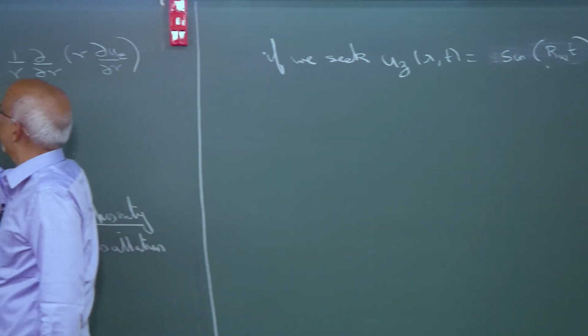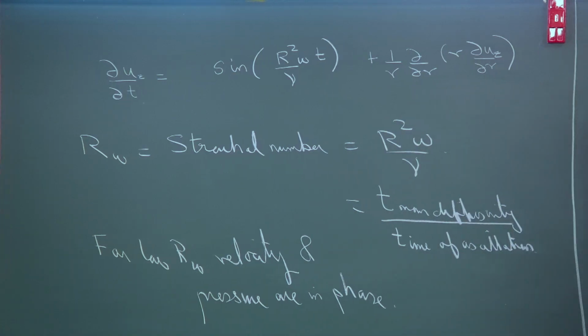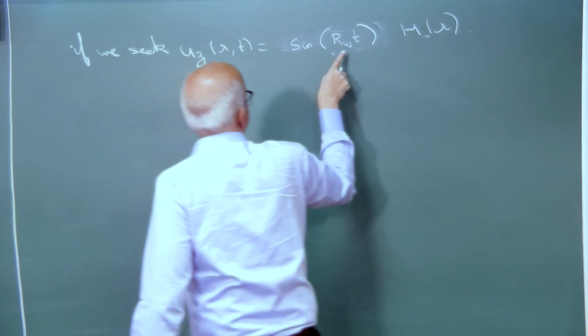So, this is r squared multiplied by omega divided by nu, and this is R subscript omega, which is the Strouhal number, okay.